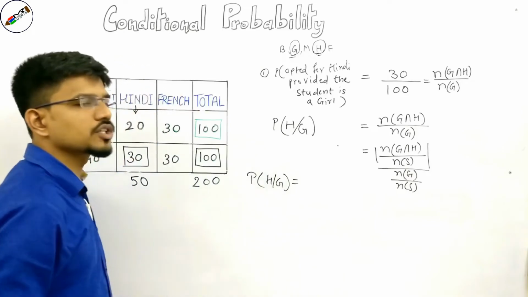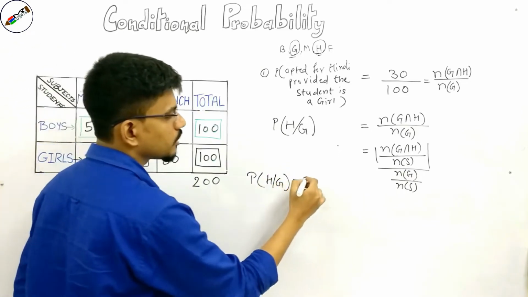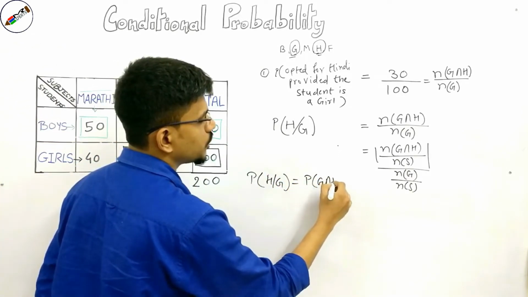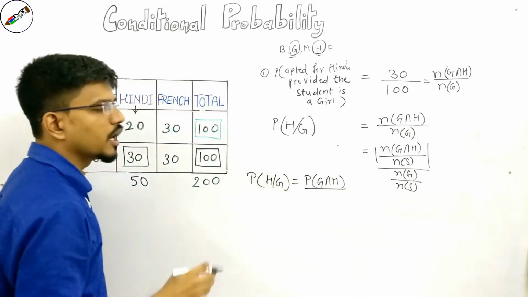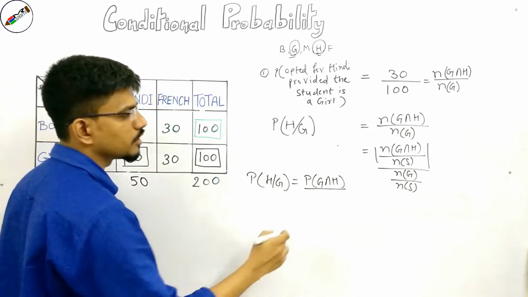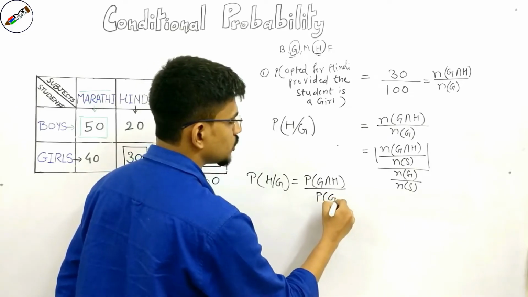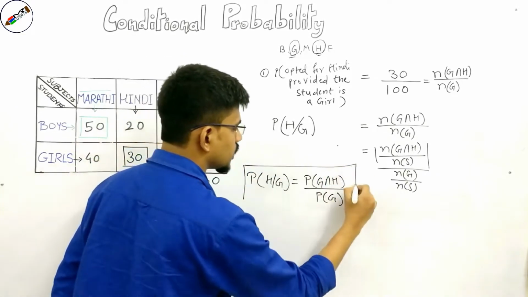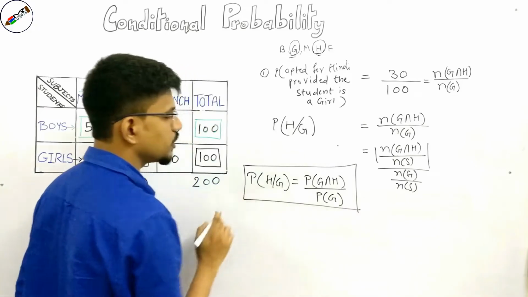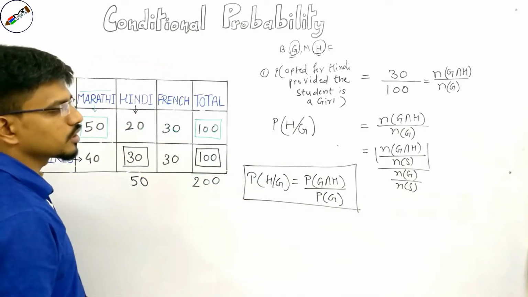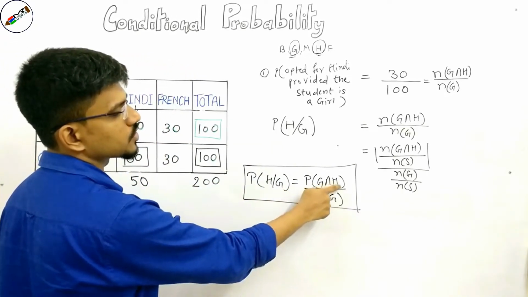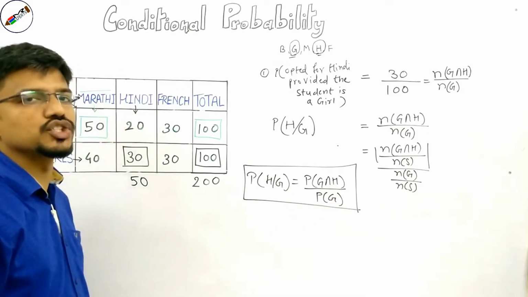Number of G intersection H upon number of S is nothing but probability of G intersection H, and N of G upon N of S is nothing but probability of G. So you get the formula for conditional probability as probability of H stroke G is nothing but probability of G intersection H upon probability of G.